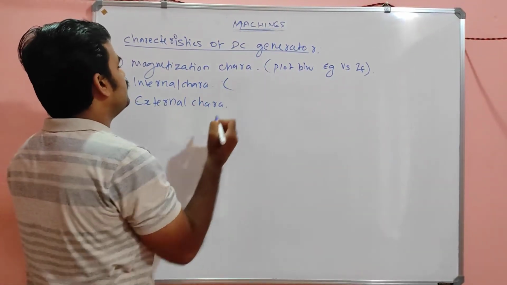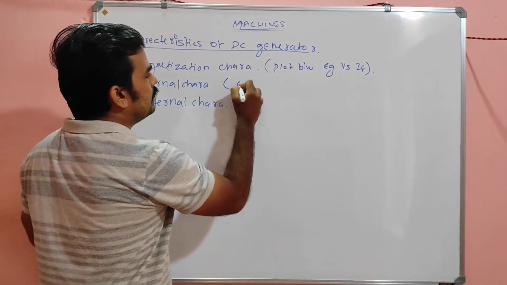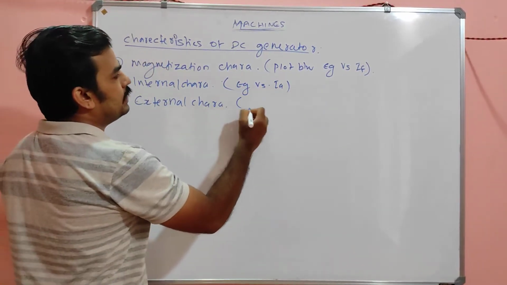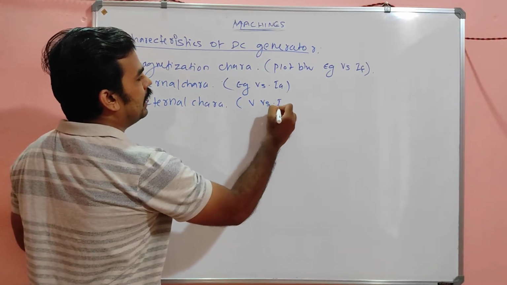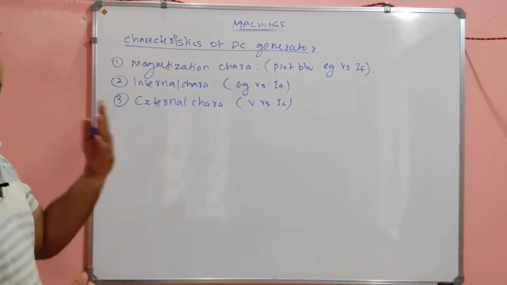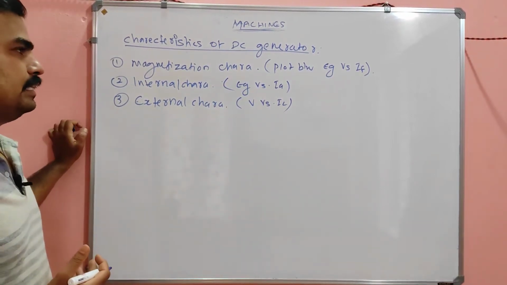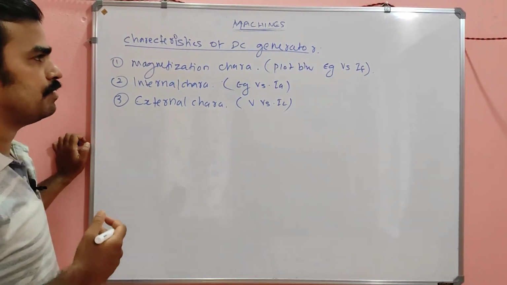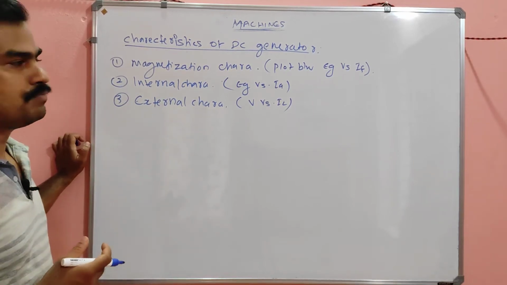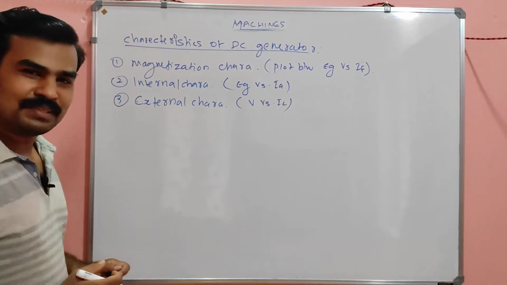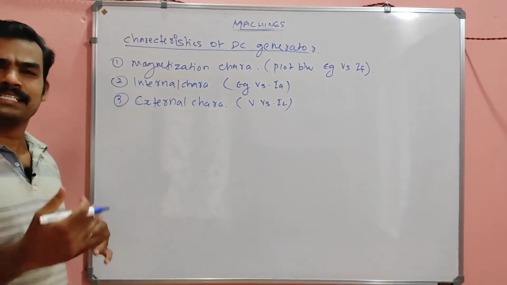Before that, internal characteristics means Eg versus Ia, and external characteristics means V versus IL. V is the terminal voltage, Eg is the generated EMF in terms of generator, IF is the field current, Ia is the armature current, IL is the load current. Okay, so let's discuss one by one.